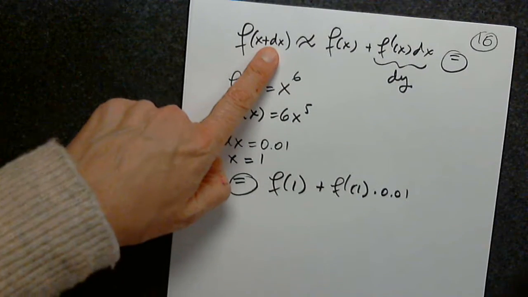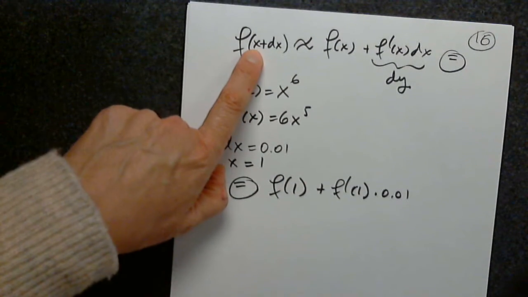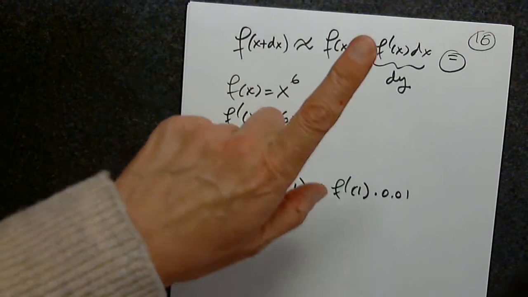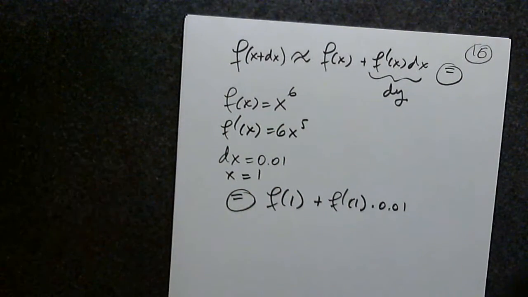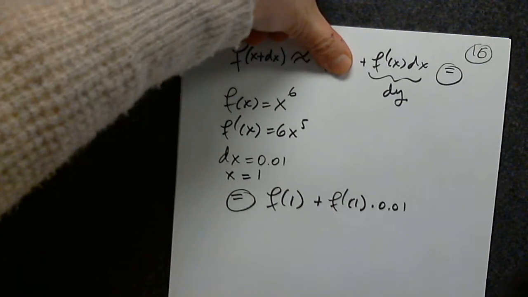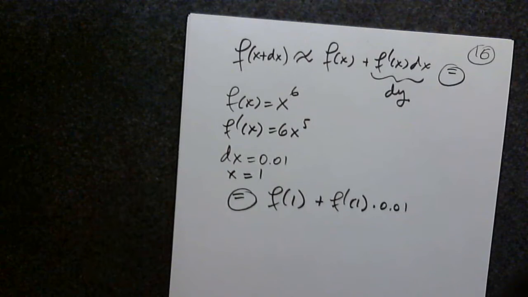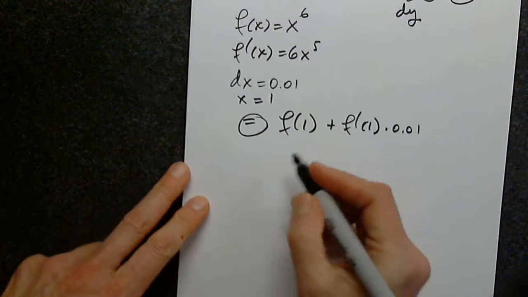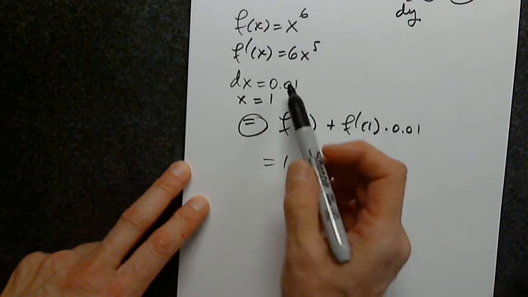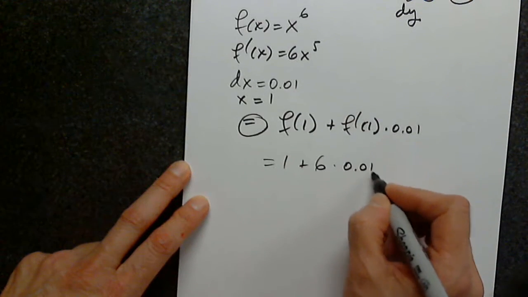So when a minor error gets created in x, then the result is very close to, not equal to, but very close to the function value at that point plus the minor error in y created by a minor error in x. So f of 1 will be 1 plus f prime of 1 will be 6 times 0.01.